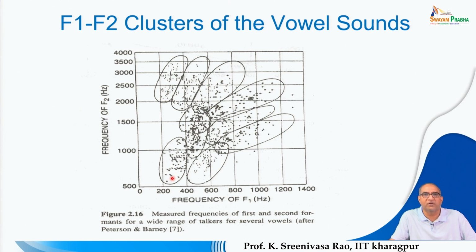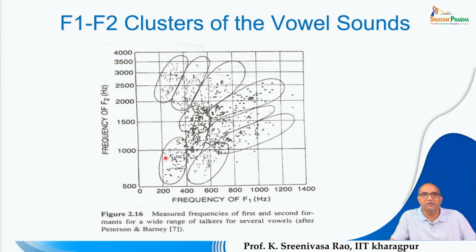For every frame you compute F1 and F2 and then take an average across all the frames, and we get a pair of values, F1 and F2. So the pair corresponds to mean F1 and mean F2 for a specific vowel uttered by a particular speaker. That way, for all speakers and all the vowels, they calculated the mean F1 and F2, and it was plotted over here.